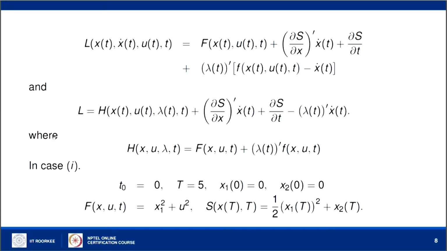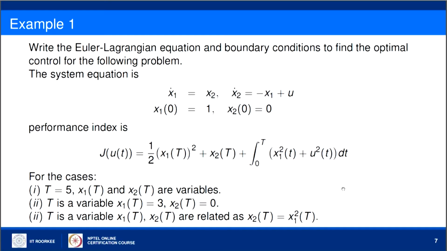So, in this problem H is capital F plus lambda dashed into small f, and we substitute capital F as x1 squared plus u squared, and capital S function is half x1 of capital T squared plus x2 of capital T. Initial time is 0, final time is 5, and the initial boundary conditions are x1 of 0 is 1, x2 of 0 is 0. So, this is the first case, as given in the problem.